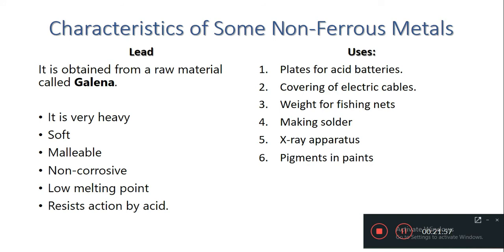So what that means is that lead is a good candidate for making plates for acid batteries. If you open an acid battery, you see there are metallic plates in them that separate the liquid acid that is in the battery, and it does not corrode. So it is the best form of metal to be used in this way.